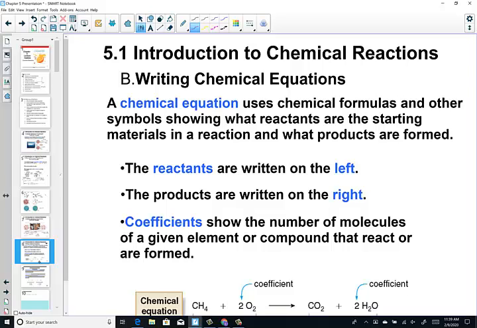So this chemical equation uses chemical formulas and other symbols showing what reactants are the starting materials in a reaction and what products are formed. To define a chemical equation, it represents a chemical change.